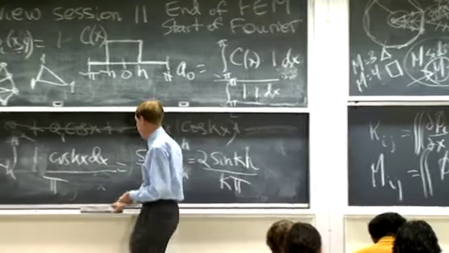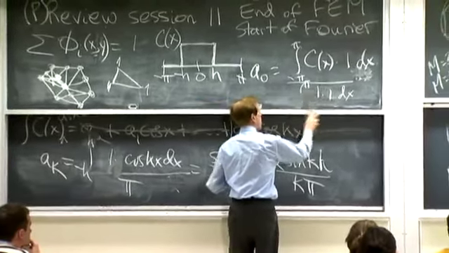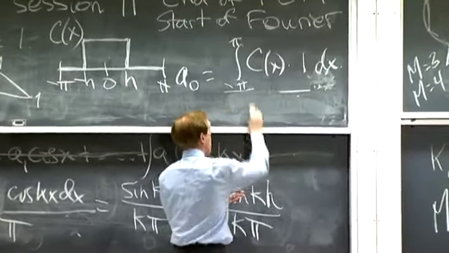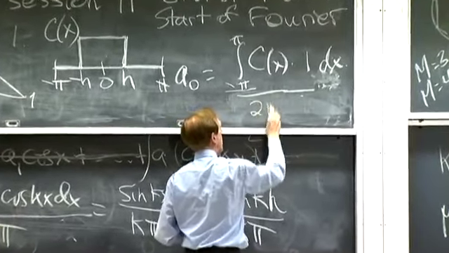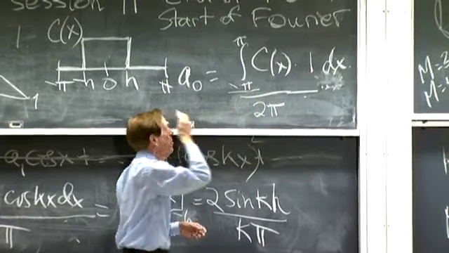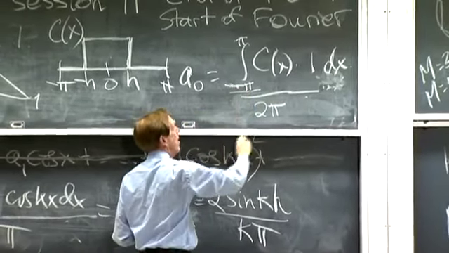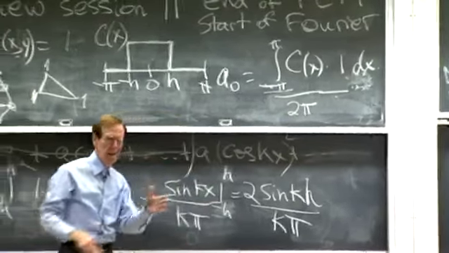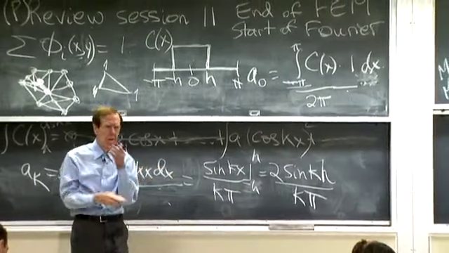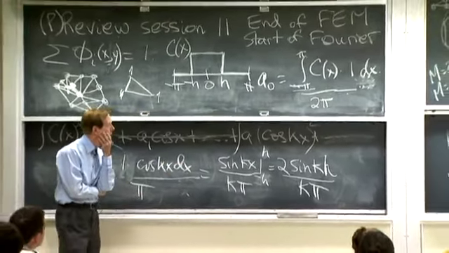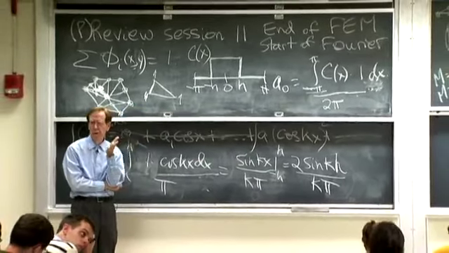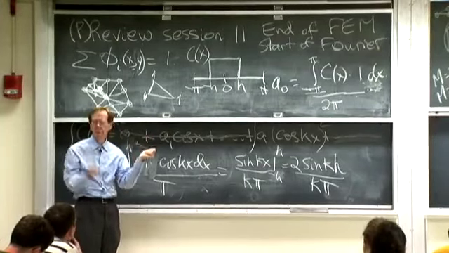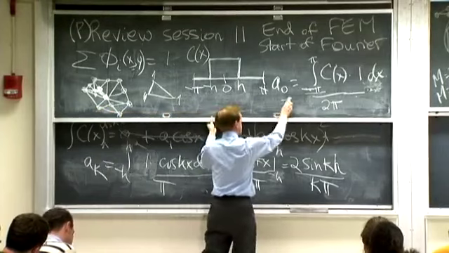It's slightly irregular; I have to divide by 2 pi. Now, if I have a function and I integrate it and I divide by the length, what am I getting? There's an English word that describes this. Average. Thank you. This is the average.